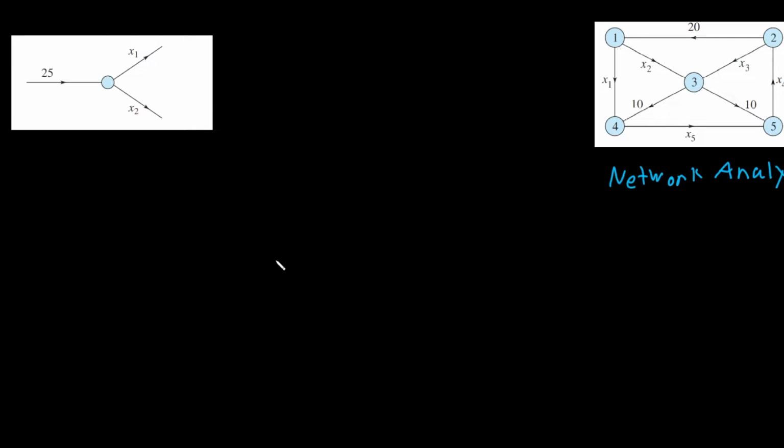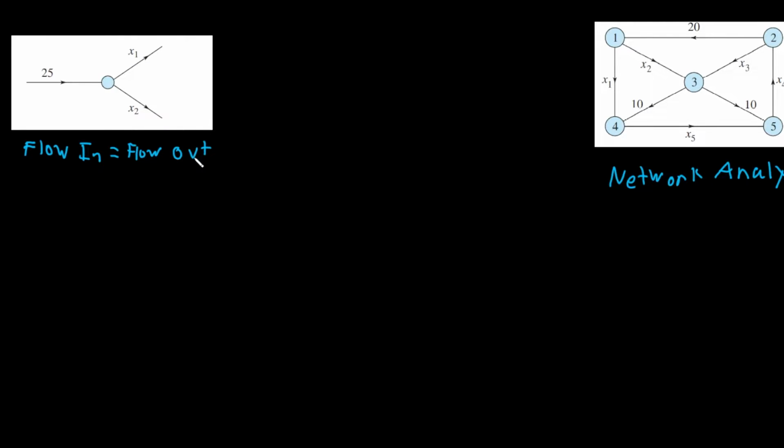Before moving on to the more complex network, let's start off with this more simple network over here with one junction. So the most important equation that you must remember whenever dealing with any junction in any network is that flow in has to equal the flow out. This is the most crucial equation when we are dealing with network analysis.